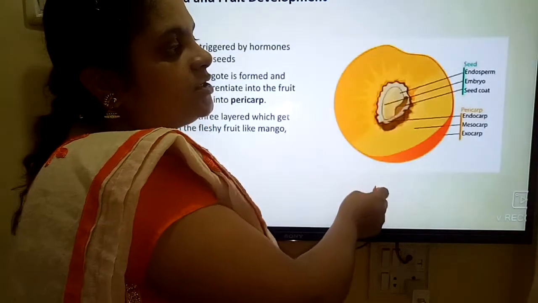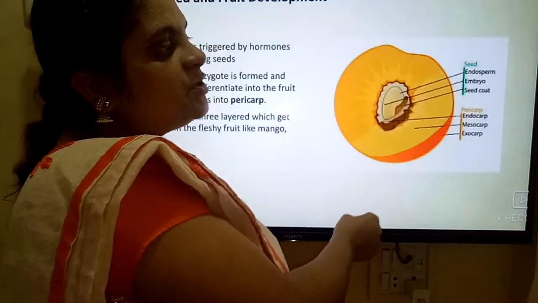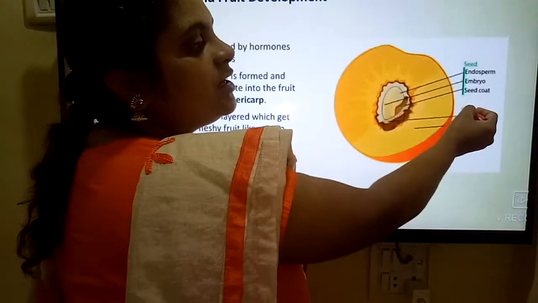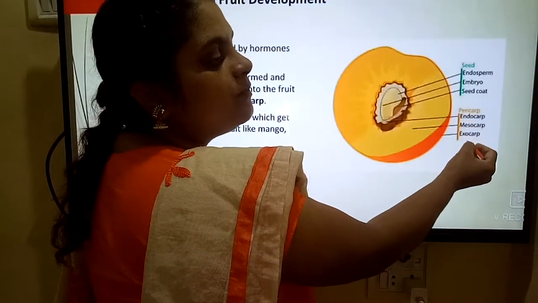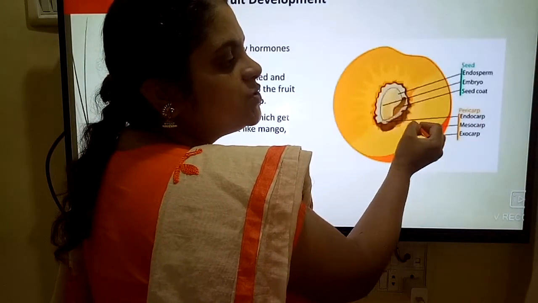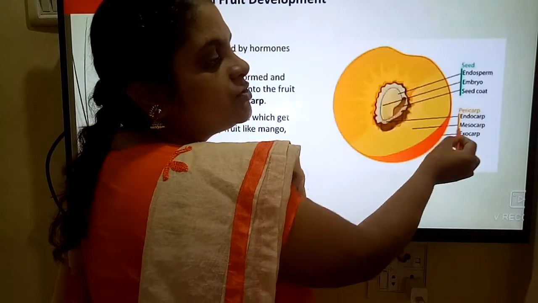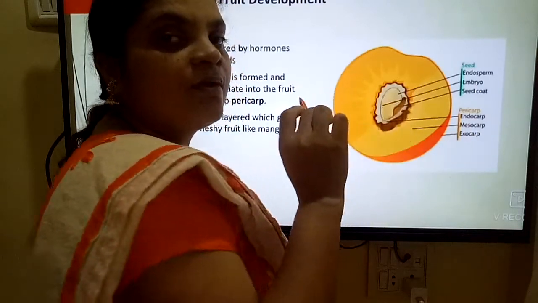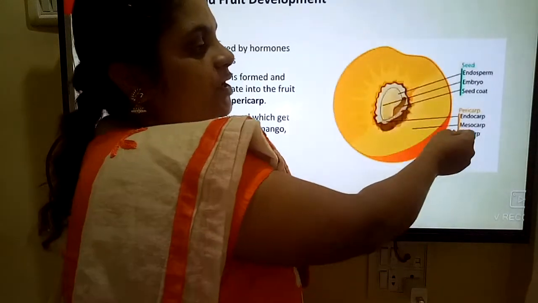This cut part is the fruit of mango. In the picture we can easily make out that this part is the pericarp, which differentiates into the endocarp, this one the mesocarp, and the exocarp. The mesocarp is the fleshy, edible part that we eat.